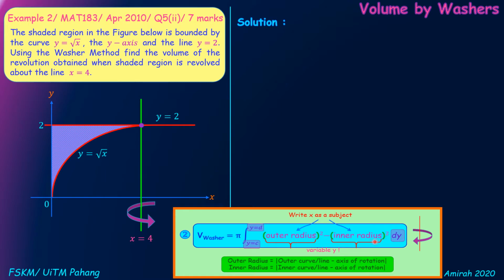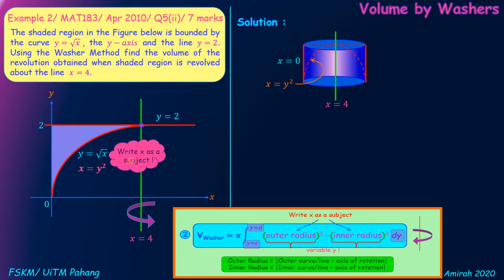When we integrate with respect to y, everything must be in terms of the variable y, and to do that we need to write x as the subject. We move the square root to the left hand side, so we get y squared. So that's why we get x equals to y squared. Now we have x as the subject.